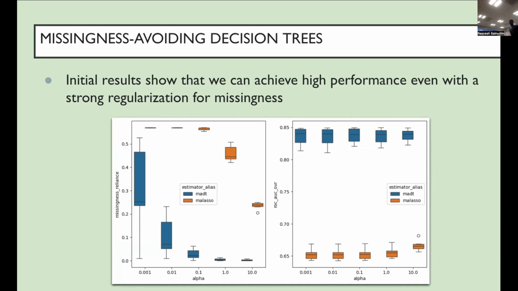We have implemented this already, and we see that we can learn. Here I showed you missingness reliance in that plot, and here it's your AUC.